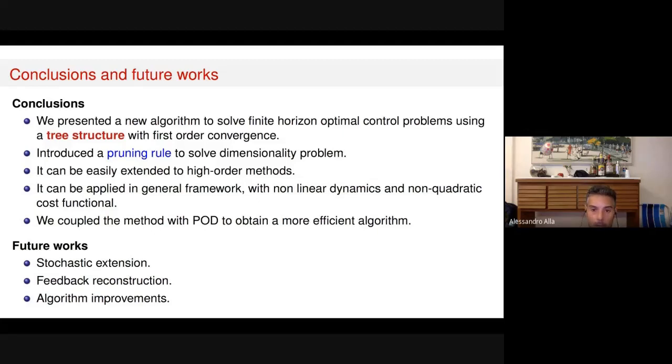We are actually able to solve this problem for any dynamical system and any cost function. So it doesn't have to be a linear dynamical system, and it doesn't have to be a quadratic cost function. And also, the coupling with POD gives a more efficient algorithm.